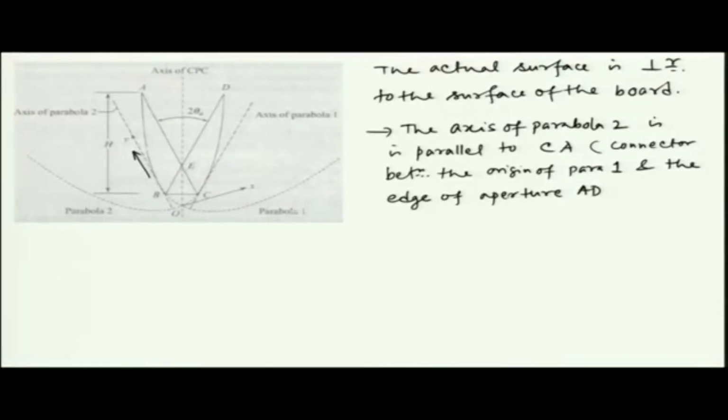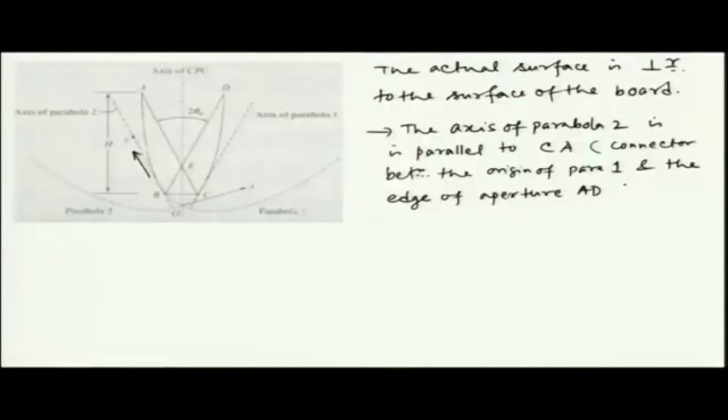So, that is how this is connected, okay. So, axis of parabola 2 is parallel to the connector between the origin of the parabola 1 and the aperture edge which is on the parabola 1.